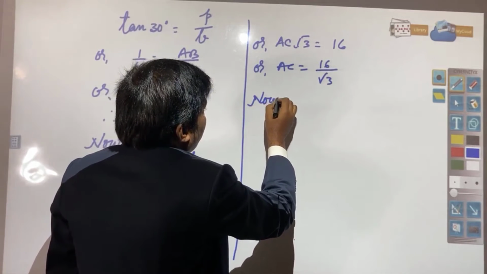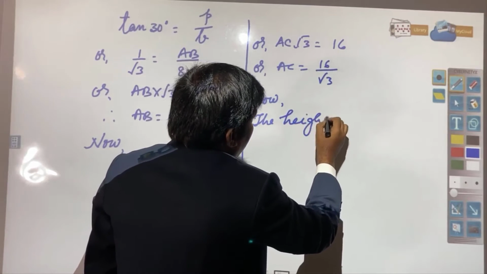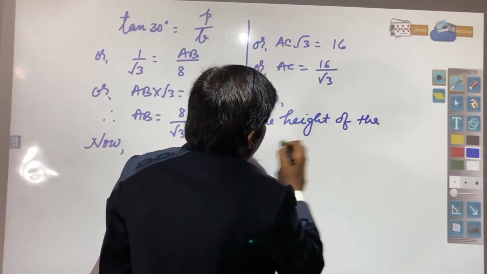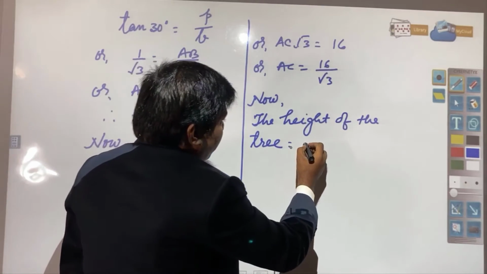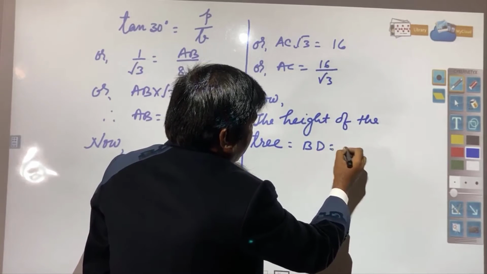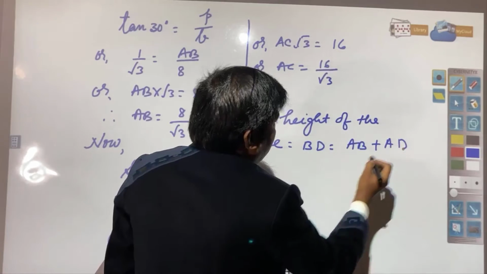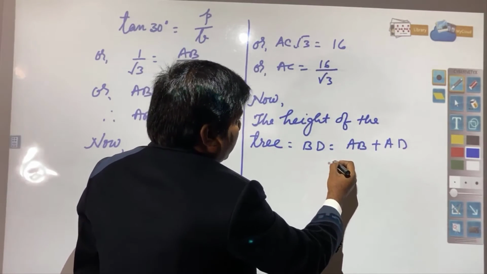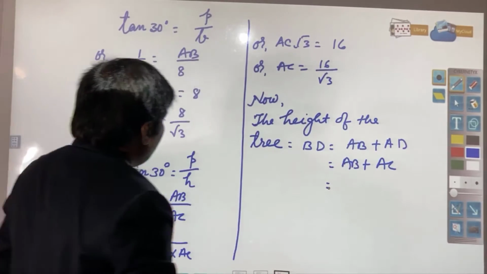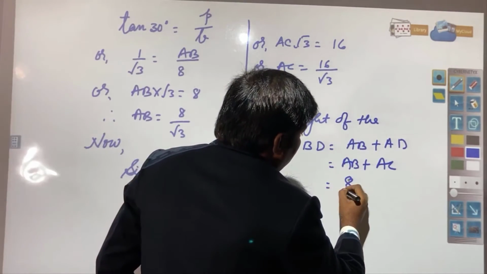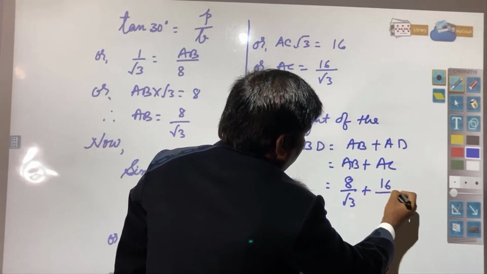Now you need to find out the height of the tree. So that will be equal to BD, and that is equal to AB plus AD, and that is equal to AB plus AC. So AB we know, AB is what? 8 by root 3. 8 by root 3 plus AC is equal to what? 16 by root 3.